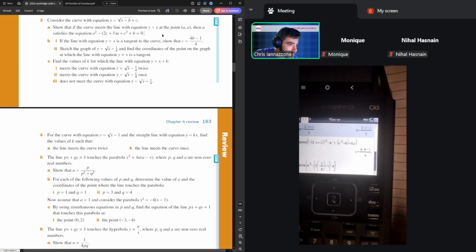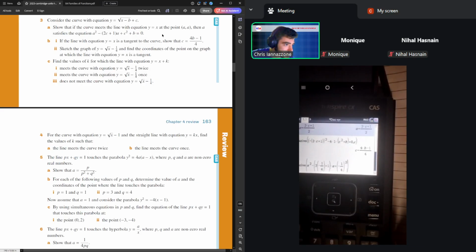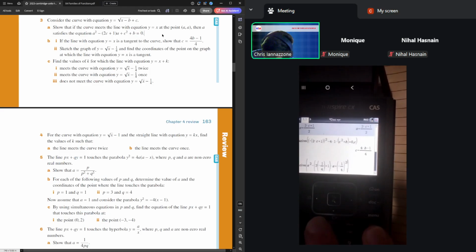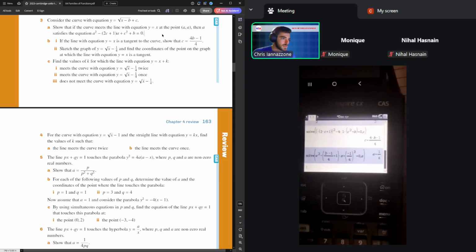Then we had a c squared, but again our c is negative a quarter. So plus minus a quarter squared plus b, where b is 0. This thing only has a in it. We get a as a quarter, which means the point (a, a) is going to be a quarter.